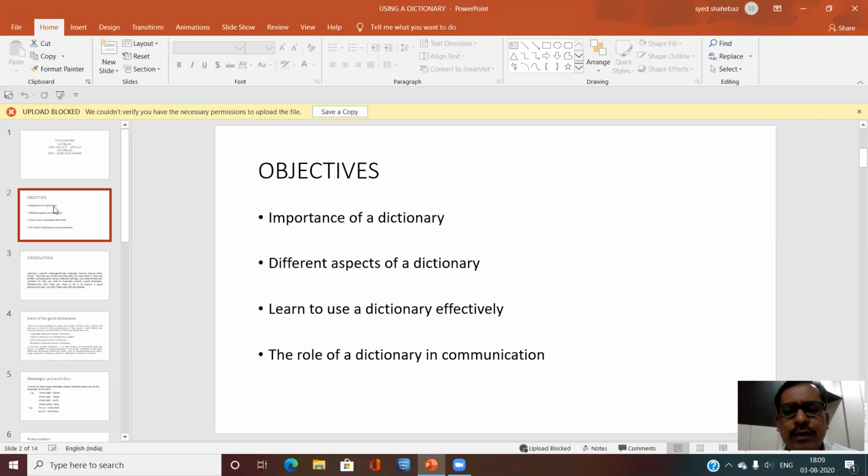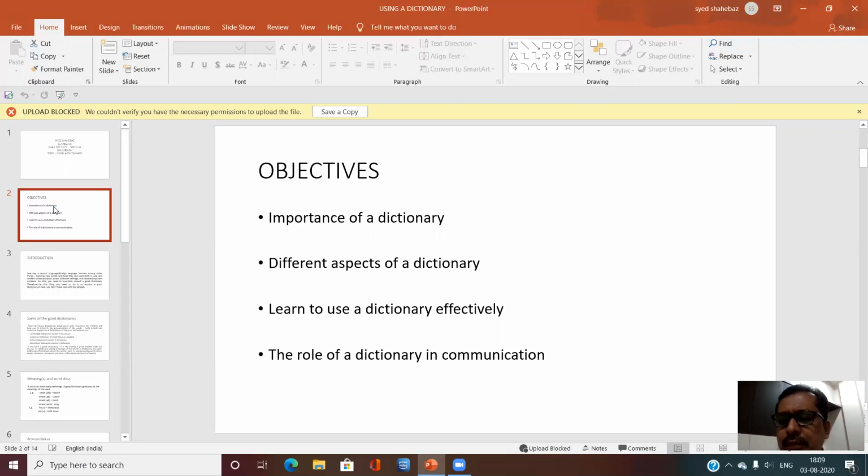So what is the role of a dictionary in communication skills? The role of a dictionary is immense, immeasurable, and it takes a lion's share in improving English communication.